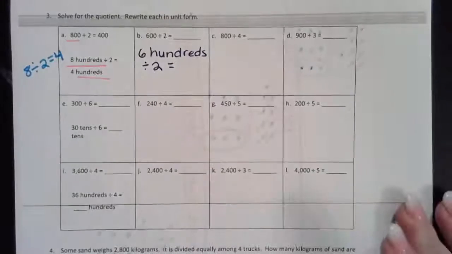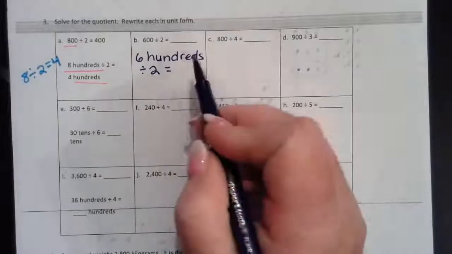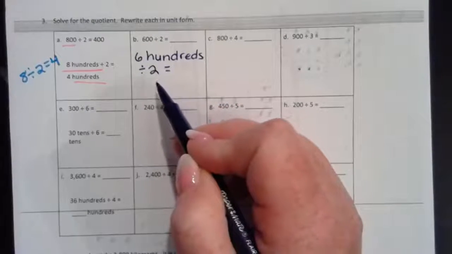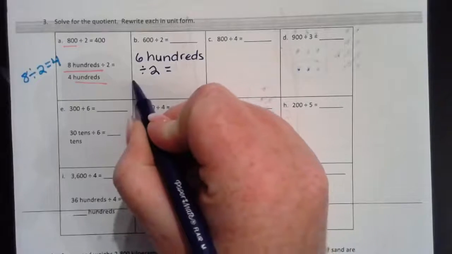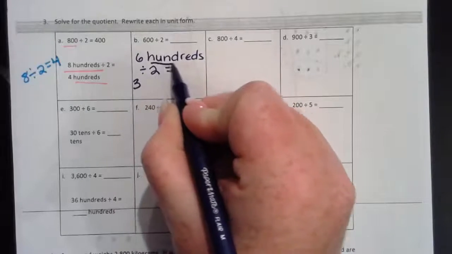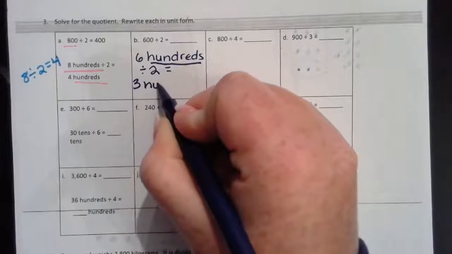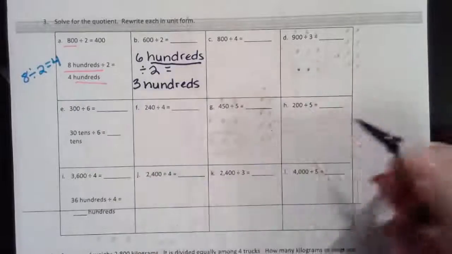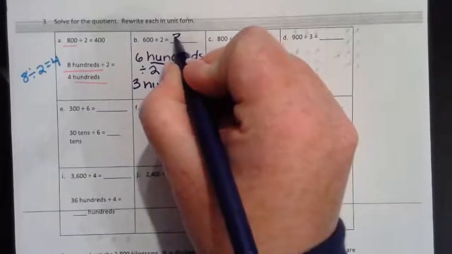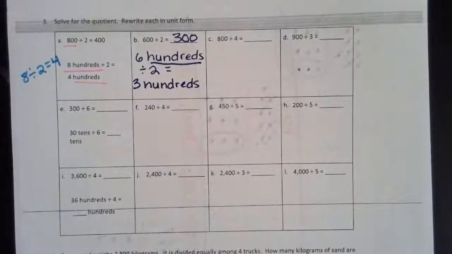So 6 hundredths divided by 2. I'm going to think in my brain, 6 divided by 2 is 3, but I've got these hundreds, so it's actually going to be 3 hundredths. And 3 hundredths is equal to 300.